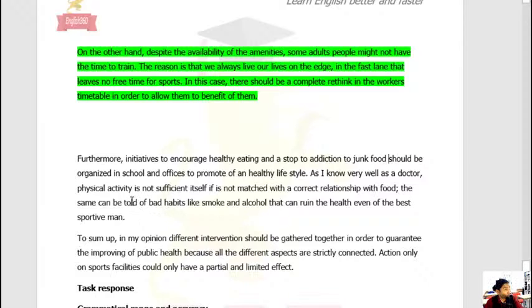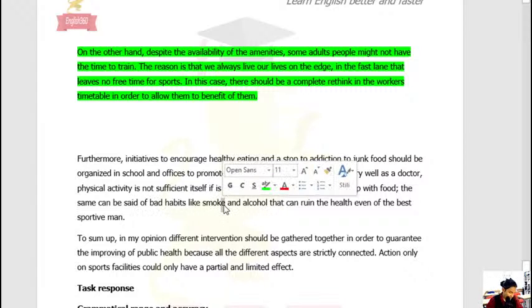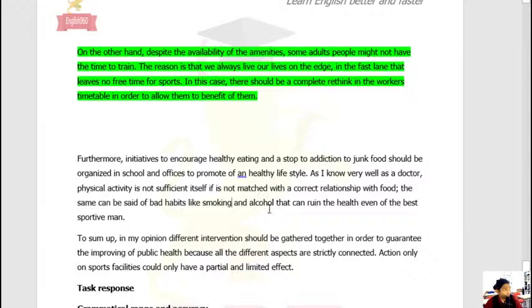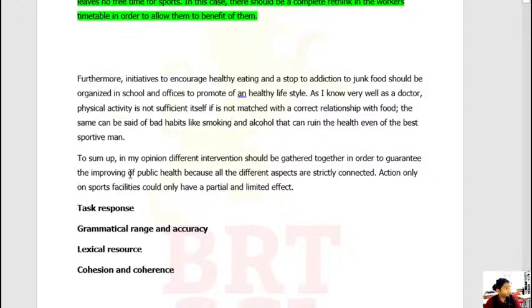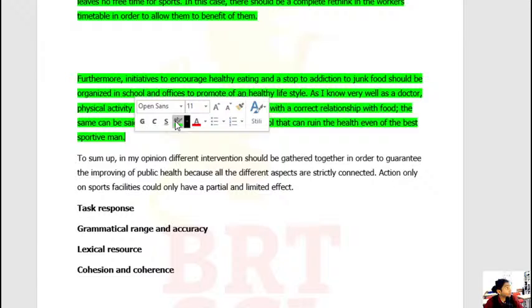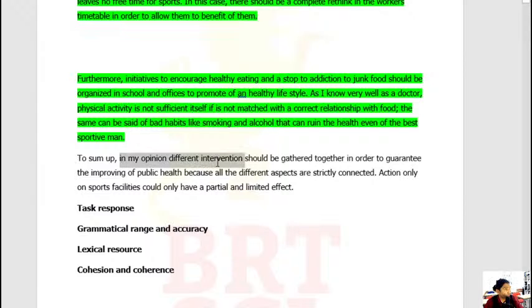The same can be said of bad habits like smoking and drinking that can ruin the health even of the best sportive. Okay, to sum up, in my opinion, this is fine. Intervention should be gathered together. Oh my goodness, no, avoid this please. It's just lengthy and the meaning is less than the words.